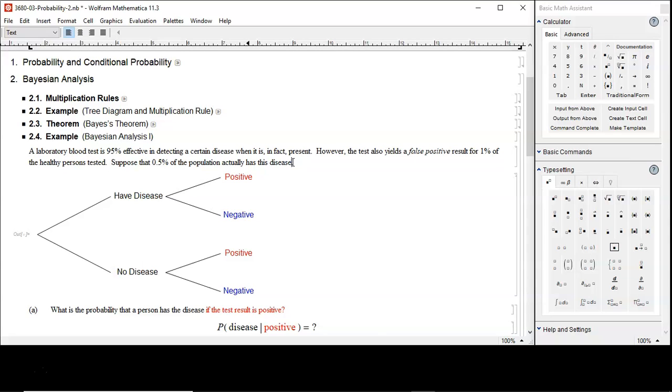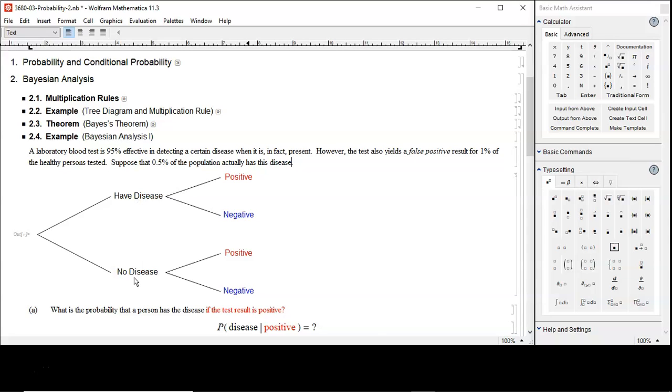No conditional probability, it is just straight up probability directly from the population. So that must come first, disease or no disease. And that's 0.5% here. Consequently, 99.5% of the people do not have the disease. Make sense? 0.5% have the disease, so the other 99.5% have no disease.